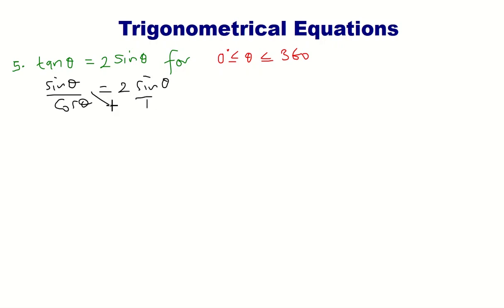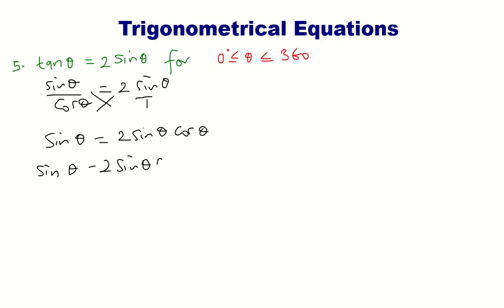If I cross multiply here, we shall have sine theta equals 2 sine theta cos theta. When we bring this to the left hand side, we have sine theta minus 2 sine theta cos theta equals 0. When you factorize, we have a common factor, which is sine theta. Factorizing out, we remain with 1 minus 2 cos theta.